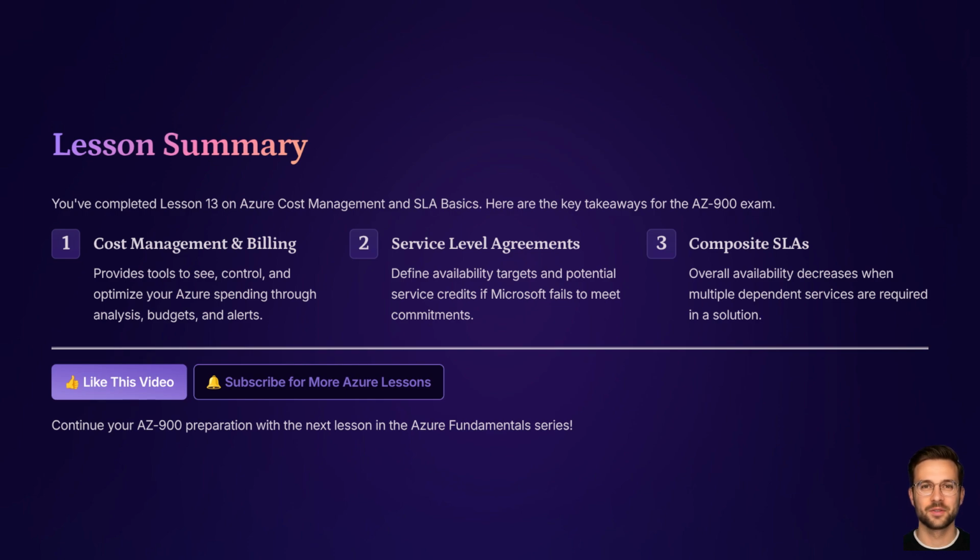You learned that service-level agreements define availability targets and potential service credits when those targets are not met, and that higher availability percentages mean less allowed downtime. You also saw that composite SLAs for a solution can be lower than the SLA of each individual service when all services must be available at the same time, and that preview services typically do not offer an SLA. These concepts are essential for planning reliable solutions and keeping costs under control in Azure.